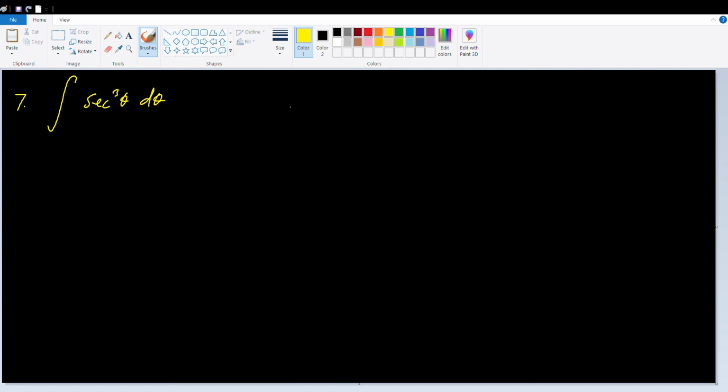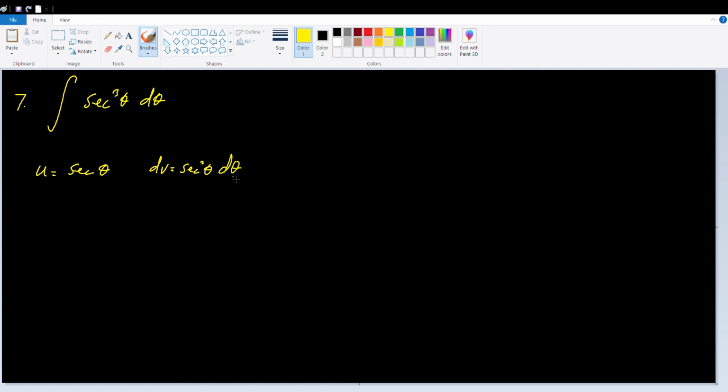For exponents of secant or cosecant which are positive odd integers, we will apply integration by parts. So our u will be secant theta. We're going to split secant cube into secant theta and secant squared theta together with d theta.